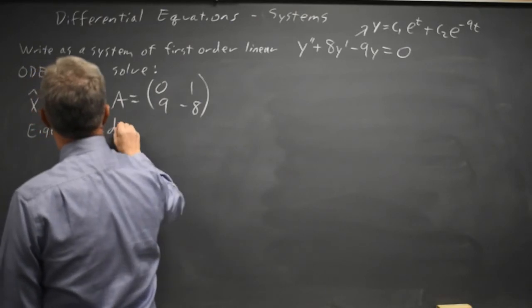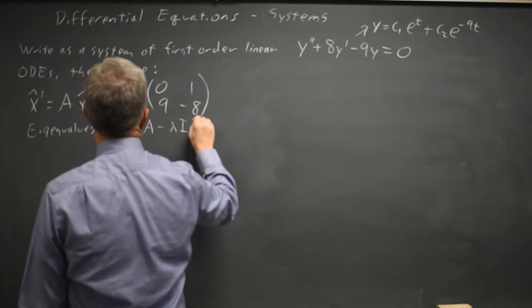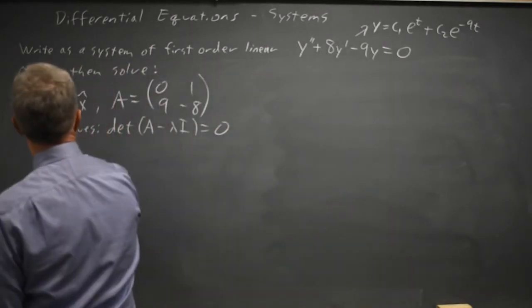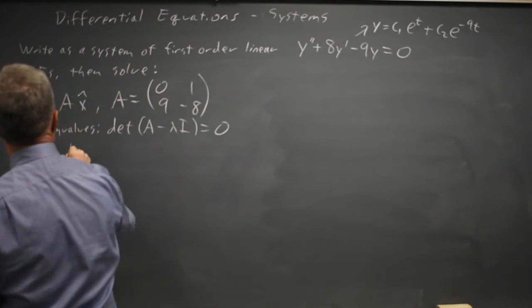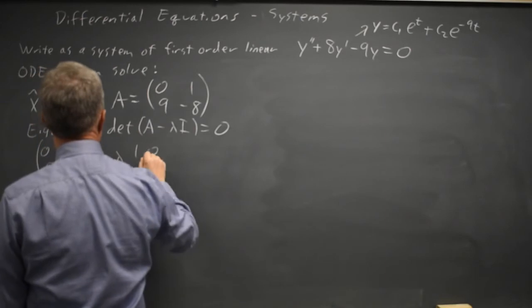come from the determinant of your matrix A minus lambda times the identity equals 0. So I have 0, 1, 9, negative 8 minus lambda times 1, 0, 0, 1.